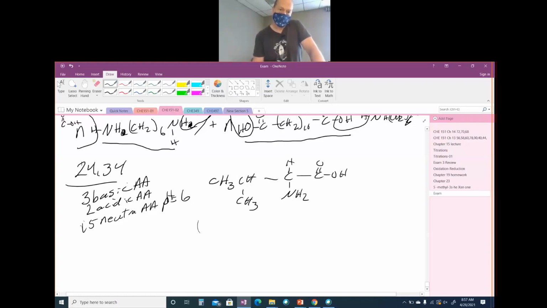Basic amino acids have a pH of about 9, and acidic amino acids have a pH of about 3. So acids 3, neutral 6, base 9, increasing by 3 each time going from acid to base. That's an approximation. They're not exactly 3, 6, and 9, but it is a good approximation.